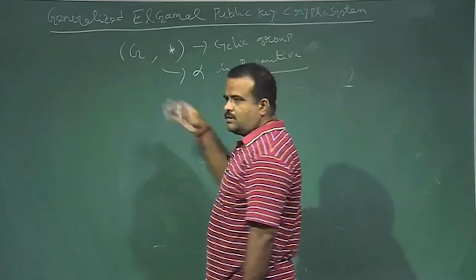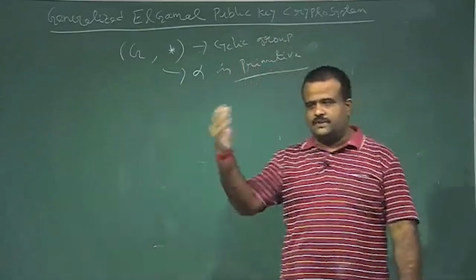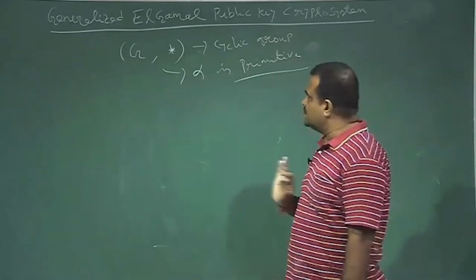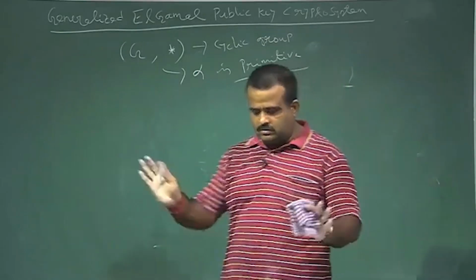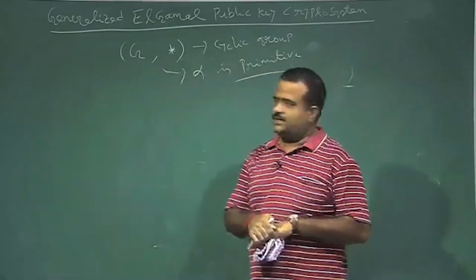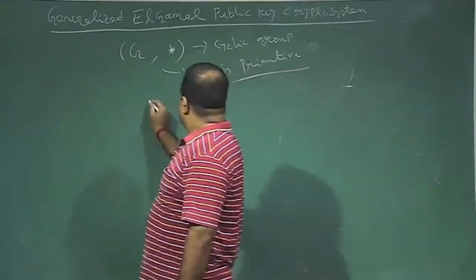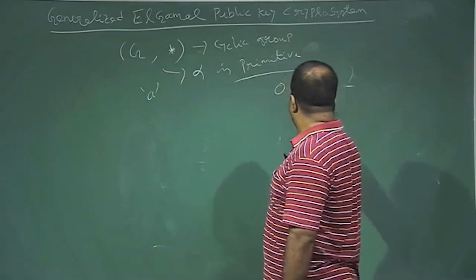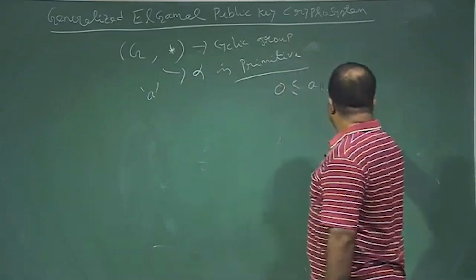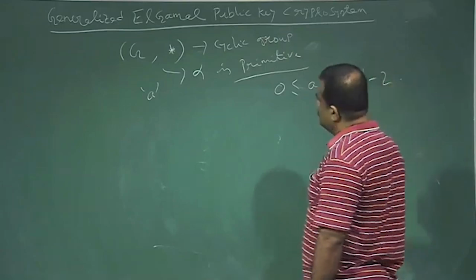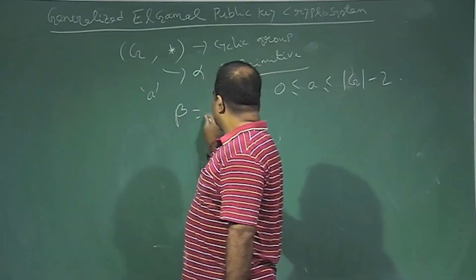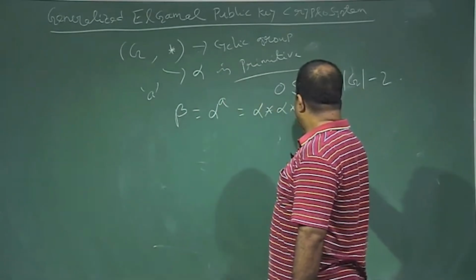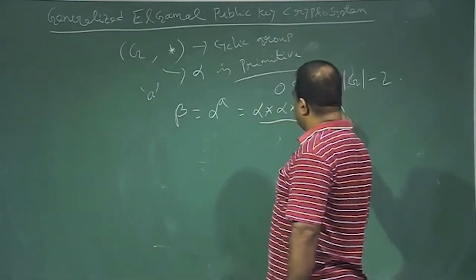It can work on the subgroup also: if you take any alpha, it will generate a subgroup H. But for simplicity we take the whole group G as cyclic with generator alpha, and we choose a between 0 and the size of the group minus 2, and we compute beta, which is alpha to the power a, that is, alpha times alpha, a times.